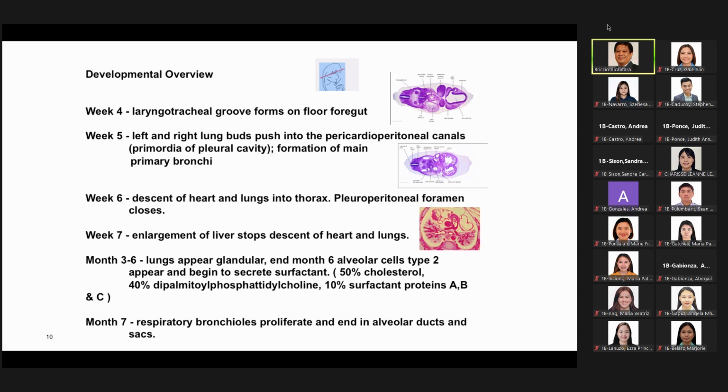At month 7, you have your respiratory bronchioles proliferating and ending in your alveolar ducts and alveolar sacs.